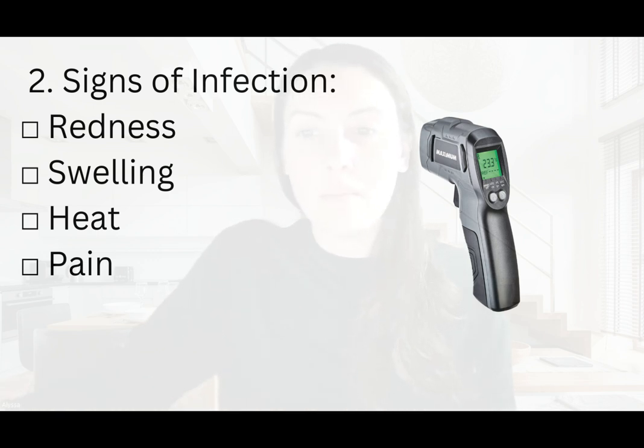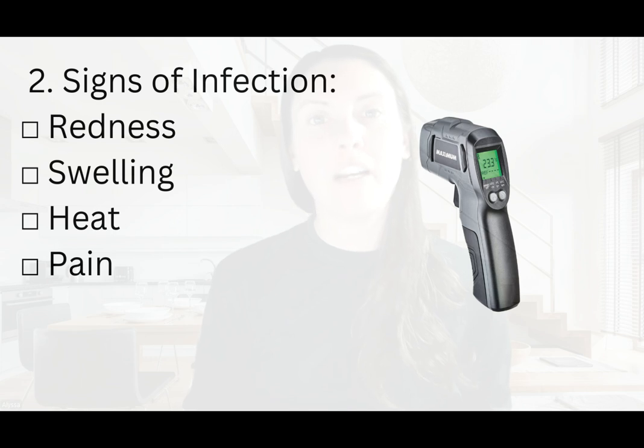These are awesome. It's an infrared thermometer. Now how you use this is you would take the temperature of around the wound, and then you want to go parallel to, say, if we're doing a top of a foot on the left foot, we are going to take it in the same spot on the other foot. And we're going to see temperature changes, if there are temperature changes, and that will let us know if there is heat in that area.